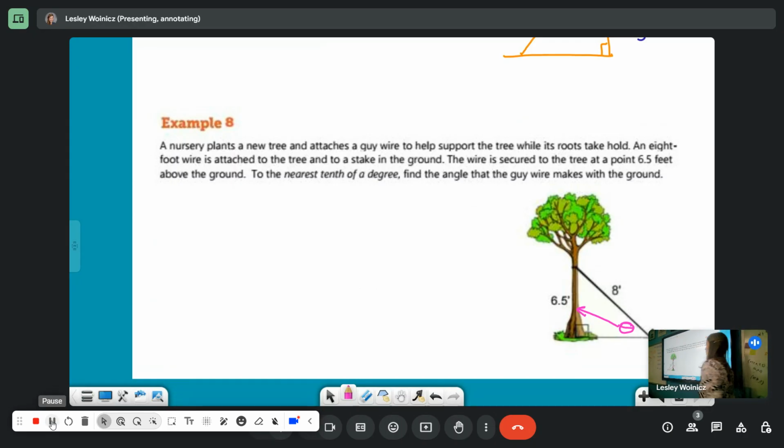Okay, so the 6.5 is our opposite. The 8 is our hypotenuse. So we have sine information. So, do you want me to set it up the long way or go for the shortcut? Shortcut, okay, so theta equals the inverse sine of 6.5 over 8.